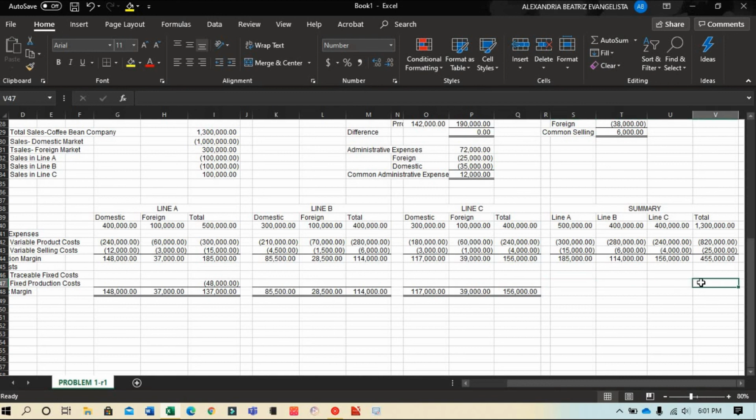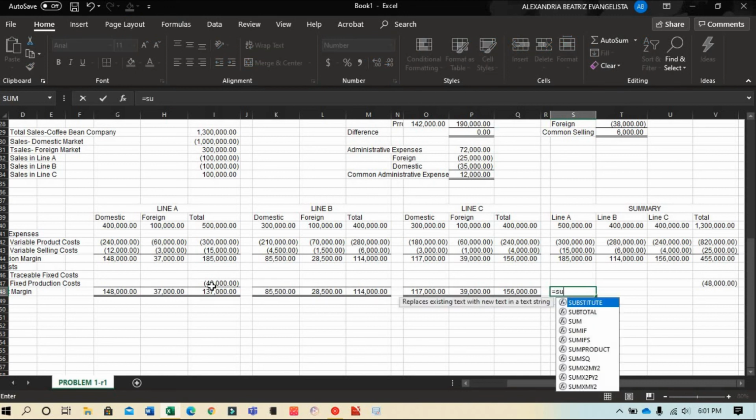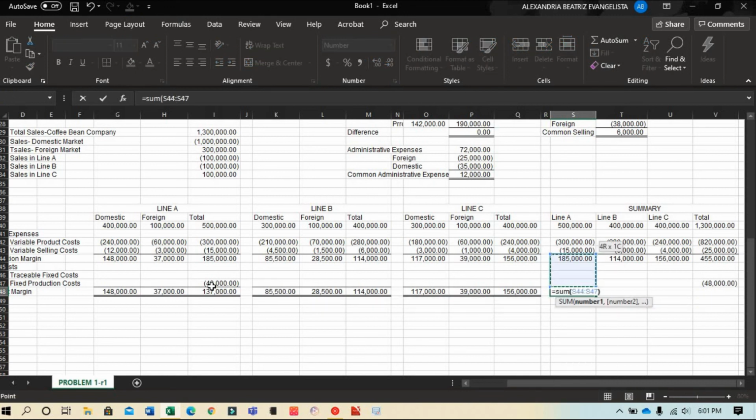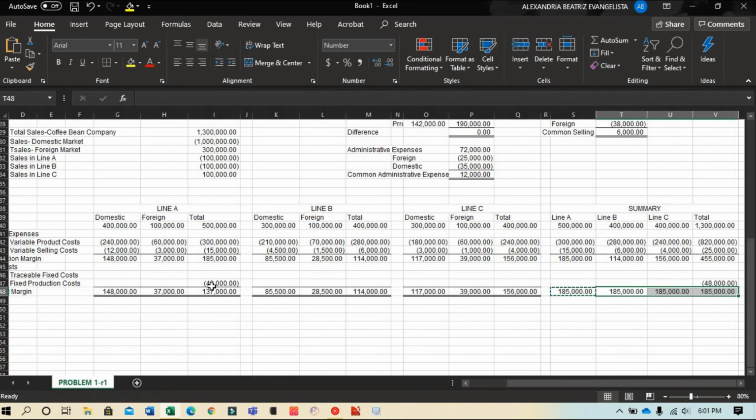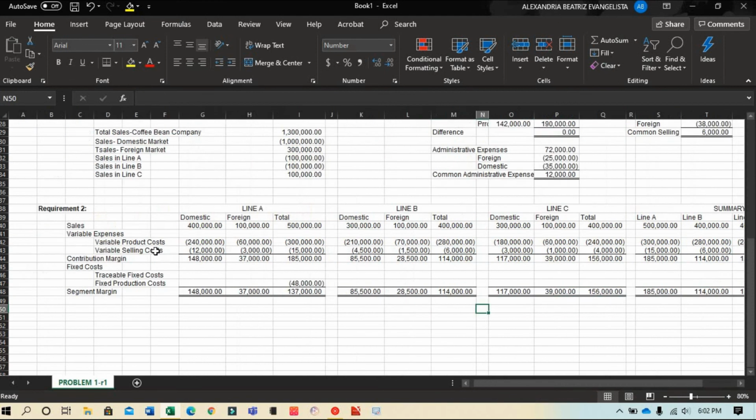Now let's place this one, fixed production cost. We're going to have our segment margin, and let's just double rule for the 3 lines. Okay, now we're going to work on the common fixed cost, or the non-traceable fixed cost.